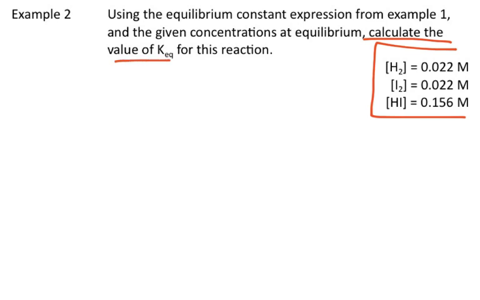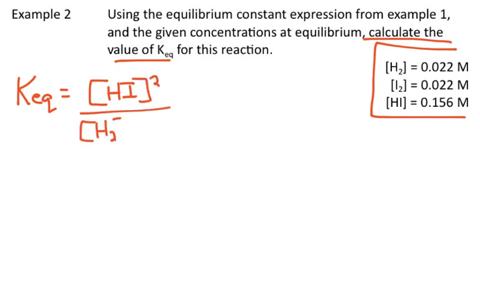We can get a number for it. And that number is going to tell us something a little bit later on. So if we take the KEQ equation, same equation we got in example 1.